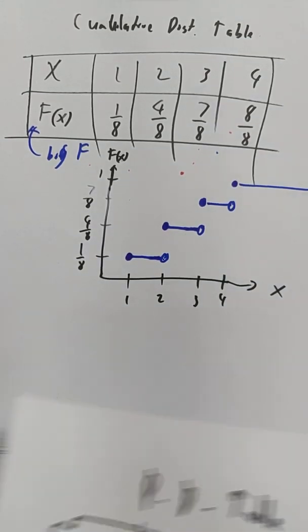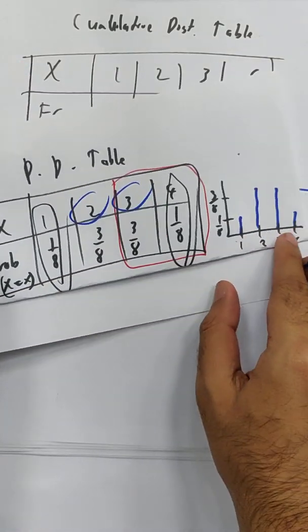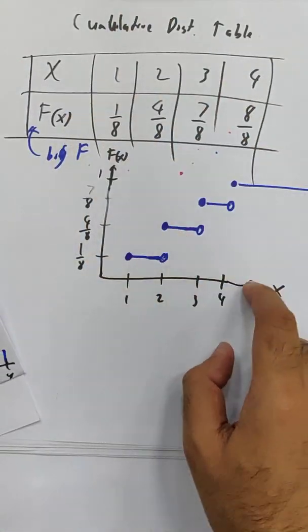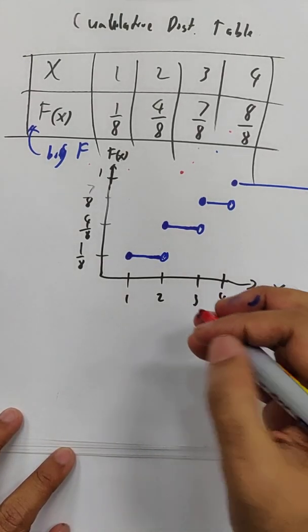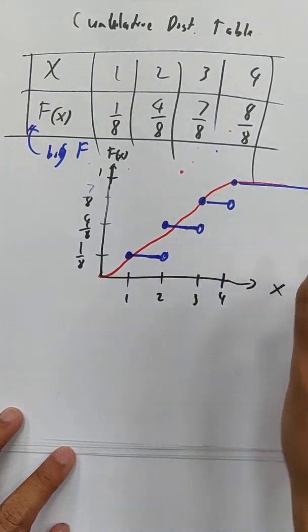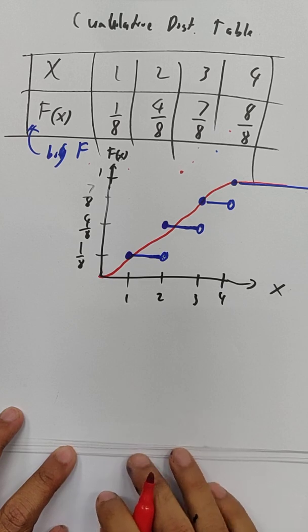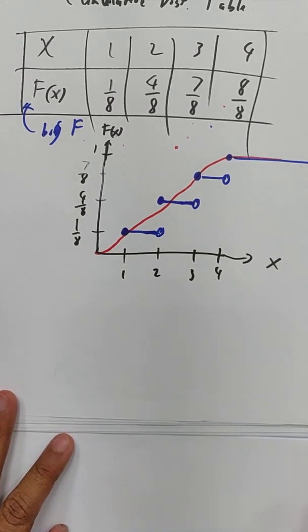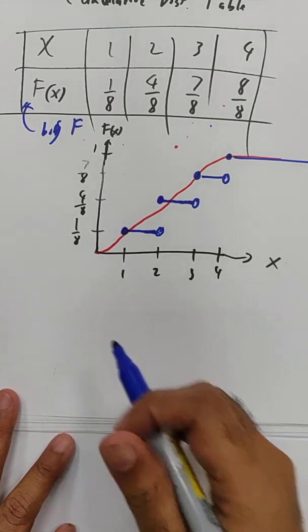So I want you to know the difference between the probability distribution graph and the cumulative graph. As I've mentioned before, you remember your ogive in your school days? It looks something like this. That's your ogive graph. Of course I can ask you a question something like this. This is a trick one. Ready, class?